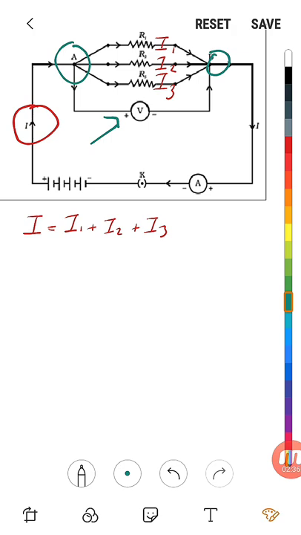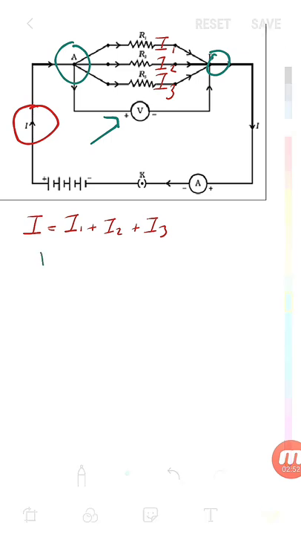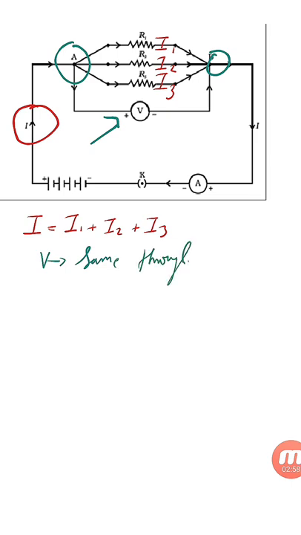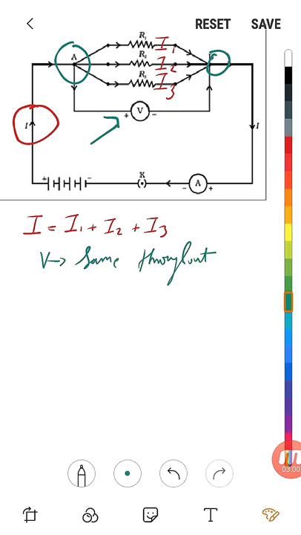So the potential difference is not going to drop. In series the potential difference dropped, right? In this case the potential difference remains the same throughout, for all the three resistors.